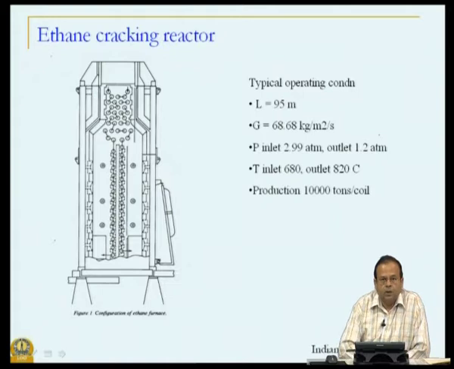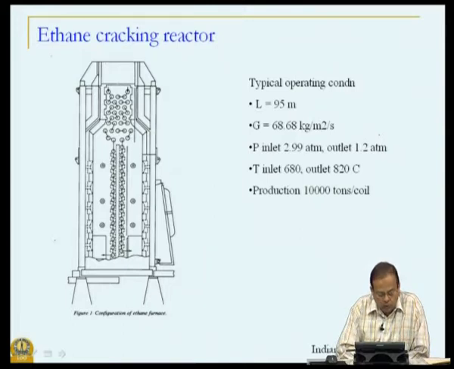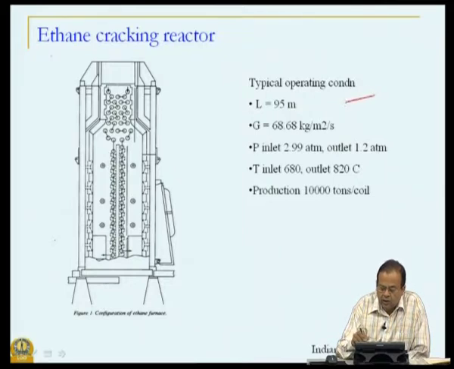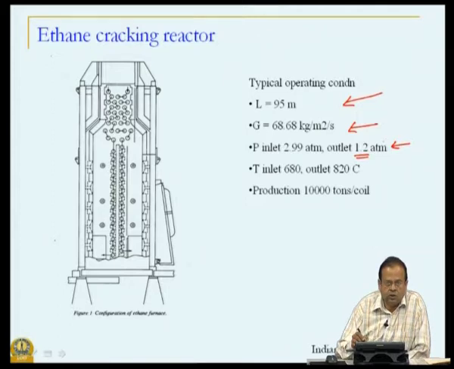Given all this, typical operating conditions for an ethane cracking reactor, shown over here, the ethane furnace as it is called. I will explain what this furnace is, but typical conditions are: length is 95 meters, the gaseous flux is about 70 kg per meter square per second, inlet pressure is about 3 atmospheres, outlet pressure is about 1.2 atmospheres, and we will come back to this factor when we talk about the design of this reactor.